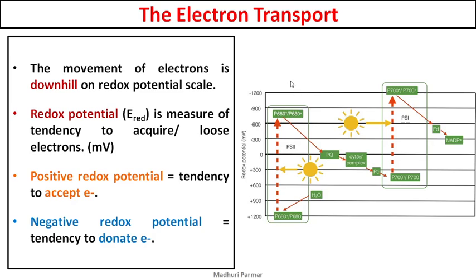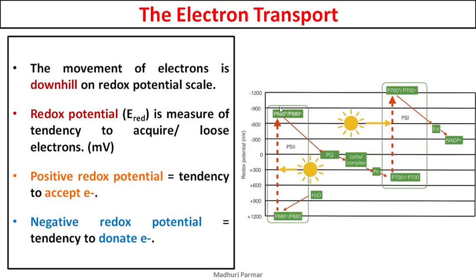Clear? So what happened here in between? Water molecule will give an electron to P680 or PS2, as we shall see later. And this electron gets excited, it reaches higher energy level. At higher energy level, it can easily pass on that electron.